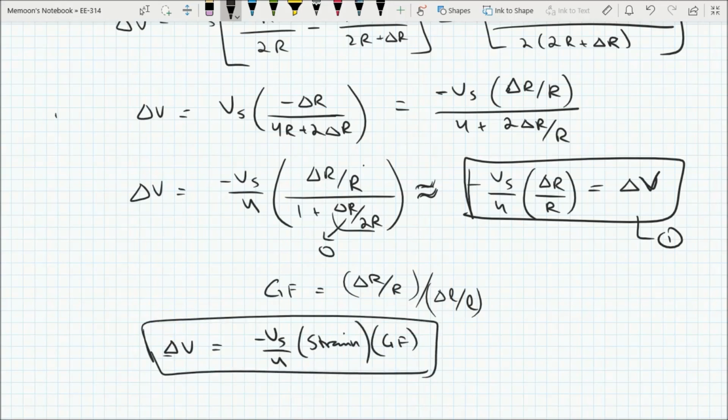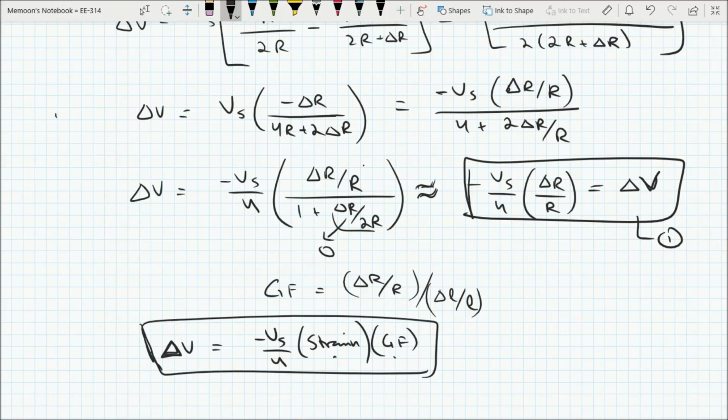So this equation relates the change in voltage output of that bridge circuit with your strain and your gauge factor directly. So this is for a single arm bridge.